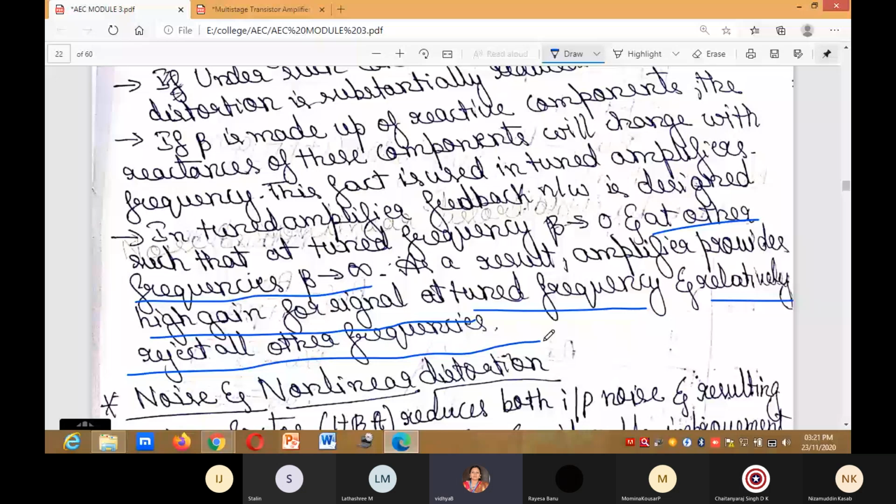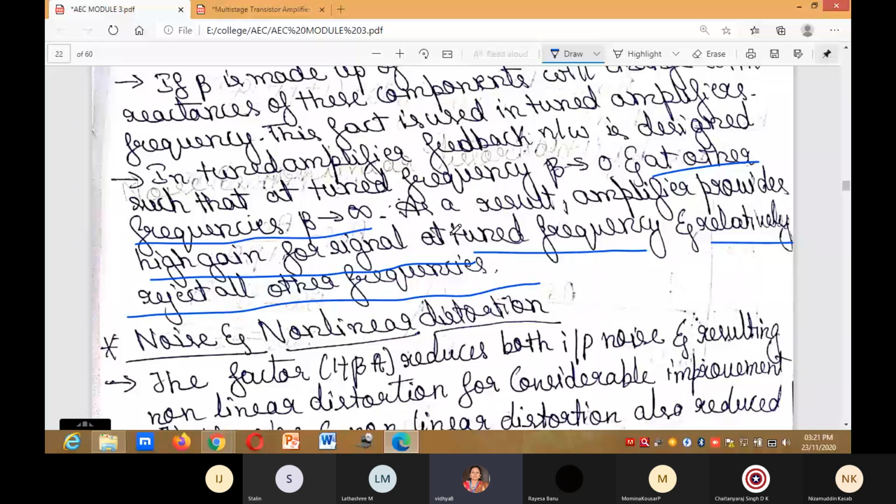Only at particular frequencies will the output of the equipment be produced. For other frequencies, it will not get any signals or it will not give any output.